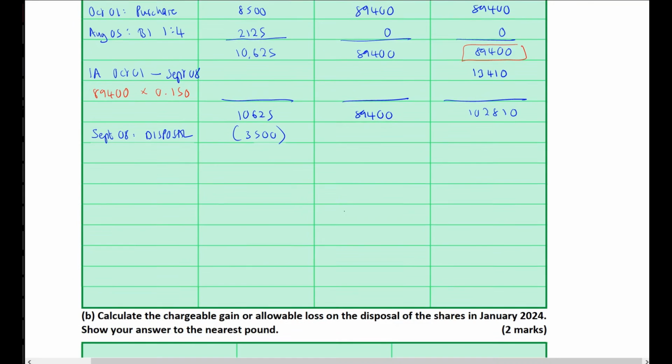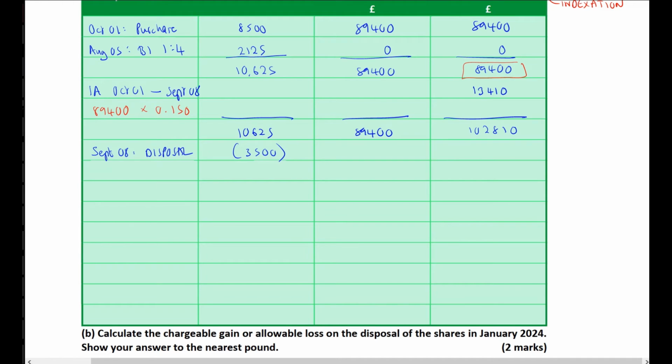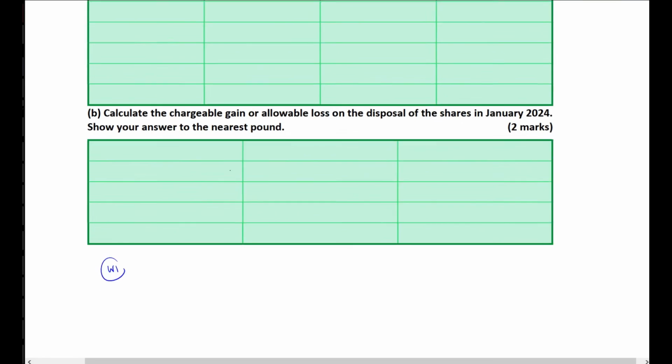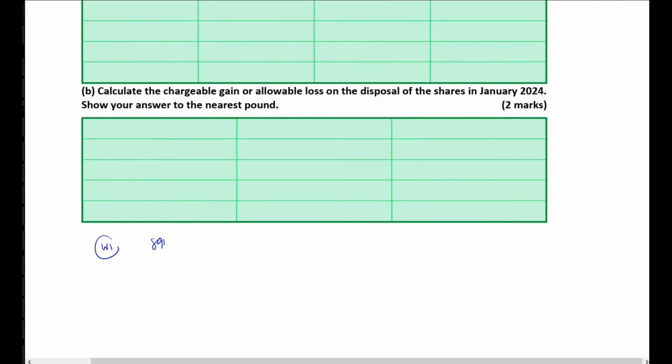But my working for this would be to say you've got 10,625 shares in the pool and you've disposed of 3,500 of them. So you've got two approaches here. What you need to recognise, I suppose, is that 10,625 shares have cost £89,400. So if I started off here by finding the cost per share, so the cost divided by the shares, that would give me the cost of one share.